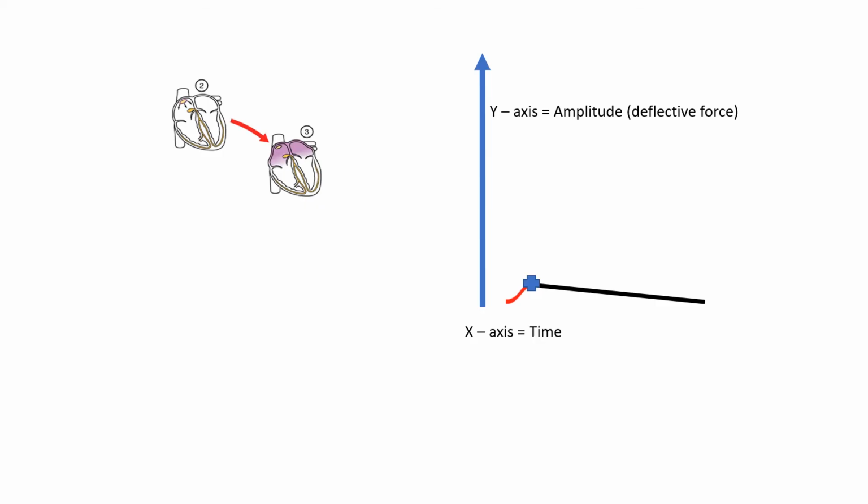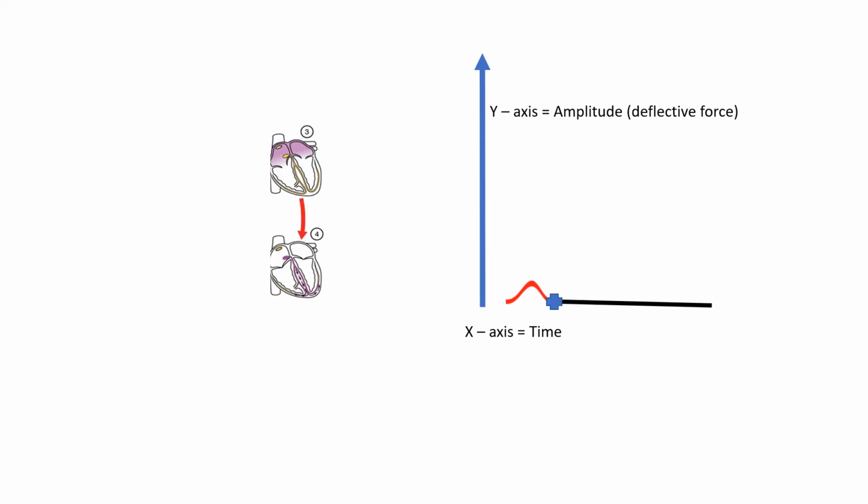Then that depolarizing force reaches the AV node. Once it reaches the AV node, it moves down to the bundle of His and spreads simultaneously through the Purkinje fibers in the heart, leading to simultaneous depolarization of both ventricles.